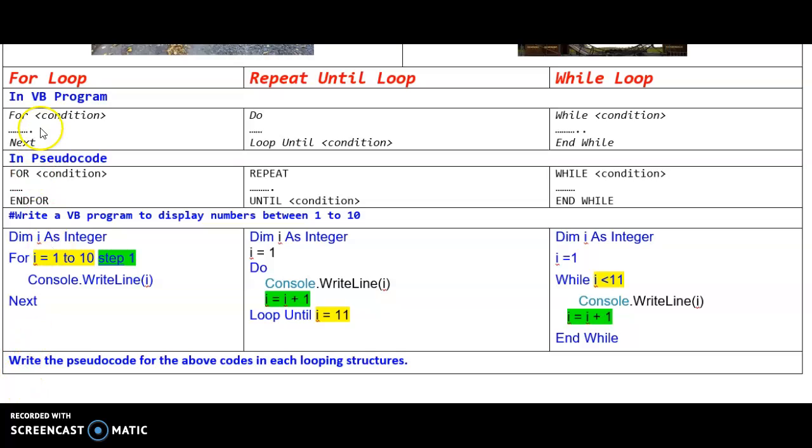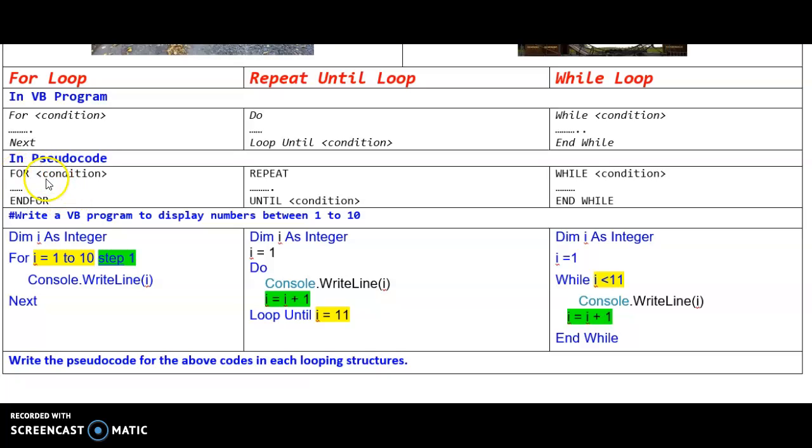First one is programming. In a VB program, a for loop can be written with for and the condition, and at last it is stopped with next. But in pseudocode, it will be similar, and it is stopped with the end for keyword.